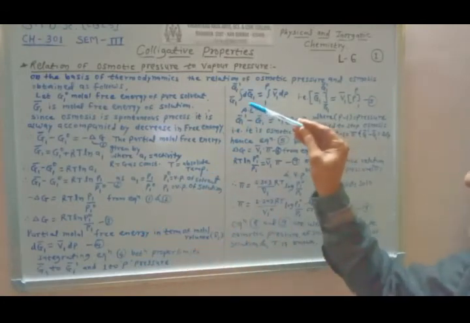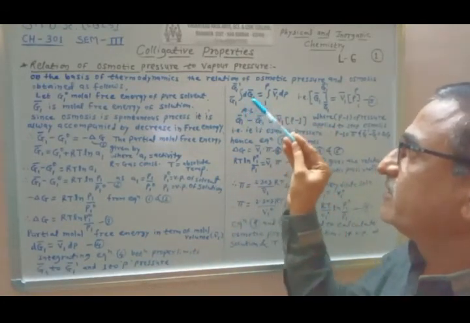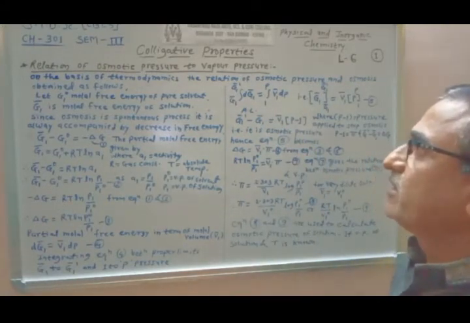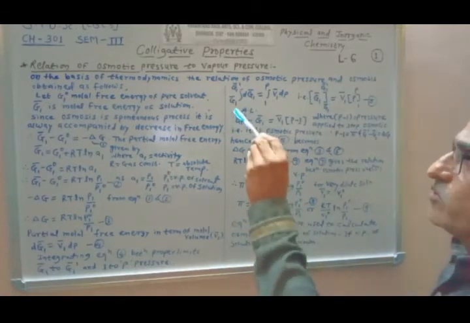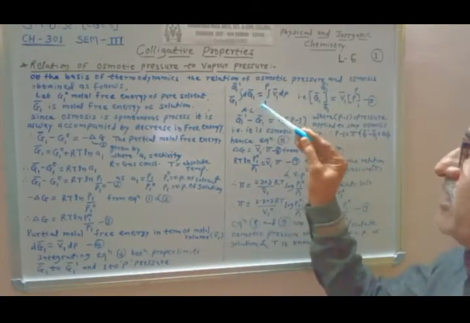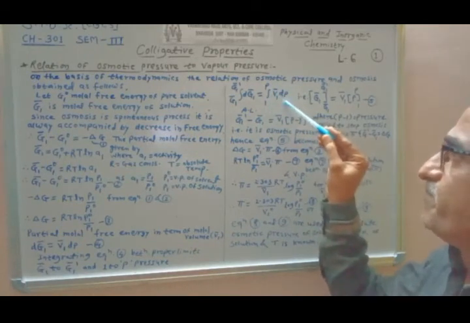In integral form we can write the integral of dG1 bar from G1 bar to G1 dash bar is equal to the integral of V1 bar dP from 1 to P.